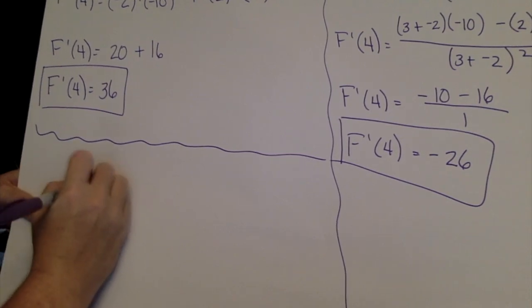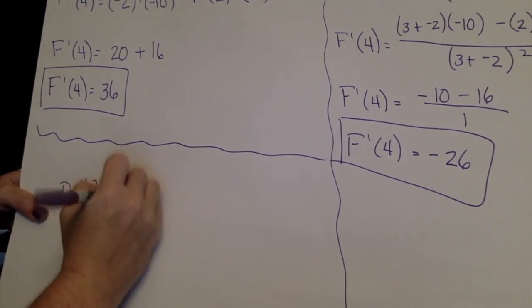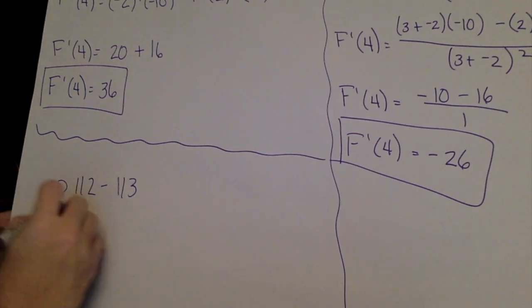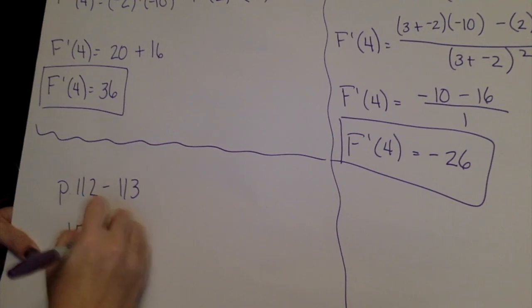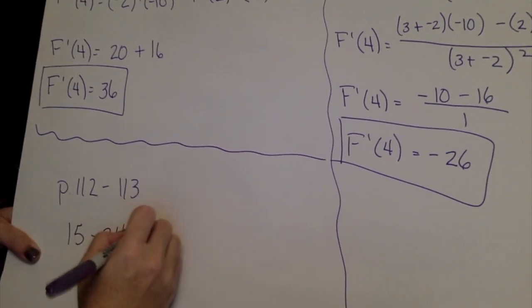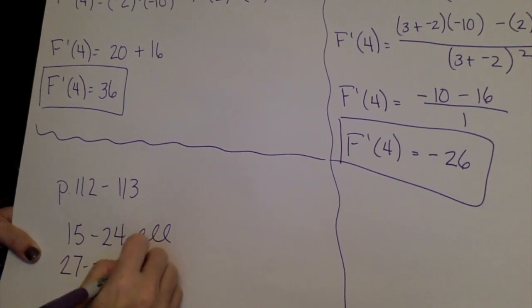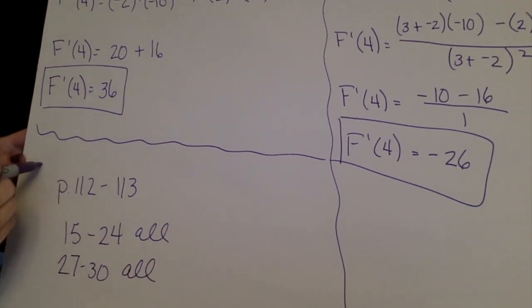This is on page 112 and 113. So you can either use the copy page that you already were given before Thanksgiving break, I left extra copies with these plans, or you can find this in the online textbook. So there's 3 different ways you can find it. You're going to do 15 through 24 all, and 27 through 30 all. Okay, and that will be your assignment.